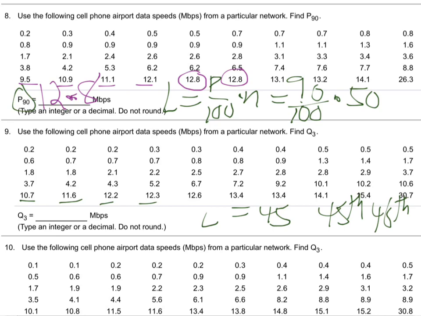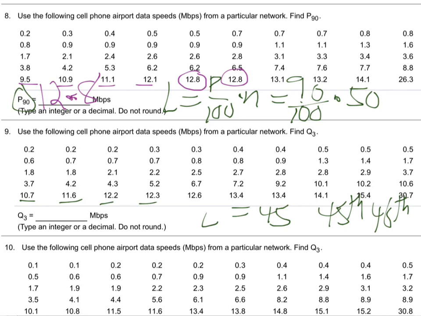Are we going from left to right? 1 row, 2 rows, 3 rows? We're going from the lowest number in the data set to the highest, which they did organize left to right. Does that make sense? See how these data values go up from left to right? And they start over, and there's 10 per row. So this is 10, 20, 30, 40, 41, 42, 43, 44, 45, and 46.